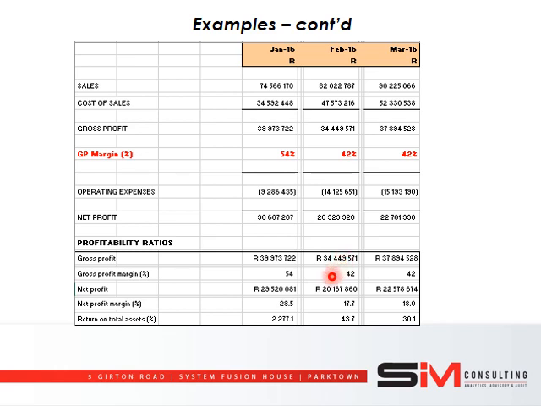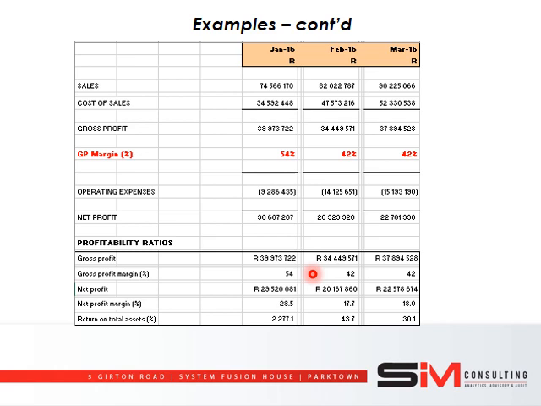Secondly, let us do the same for gross profit margin. For February you had a gross profit margin of 42%. For January, you had a gross profit margin of 54%. Again, when you compare the two, you can see there is a drop, which is a negative.